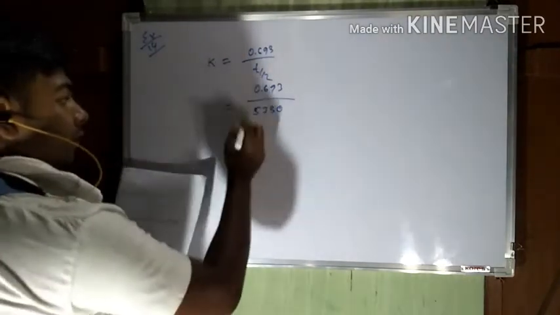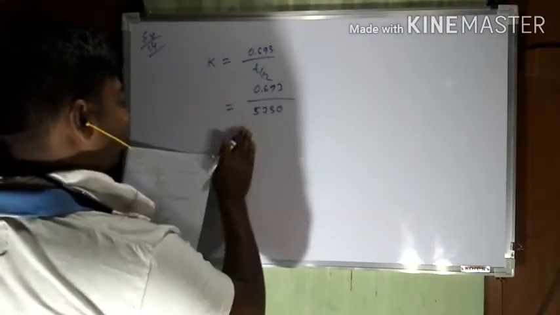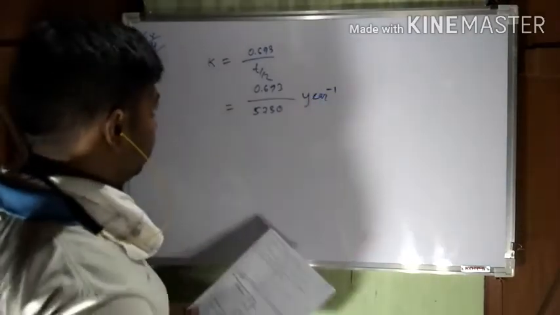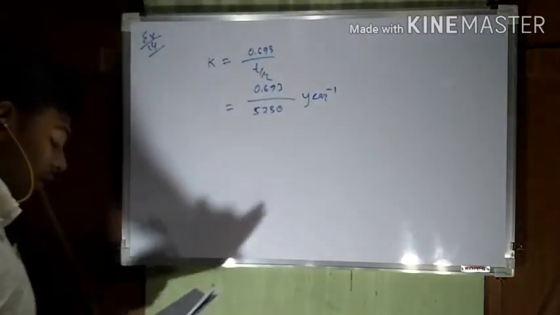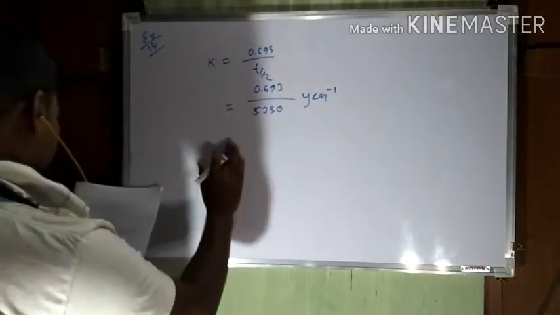If we put 5730 here, we get K in years inverse. Now we have found K, that means the rate constant.